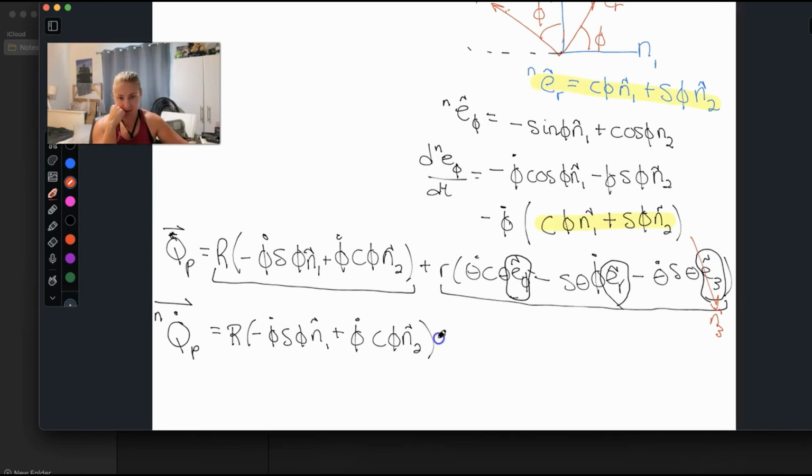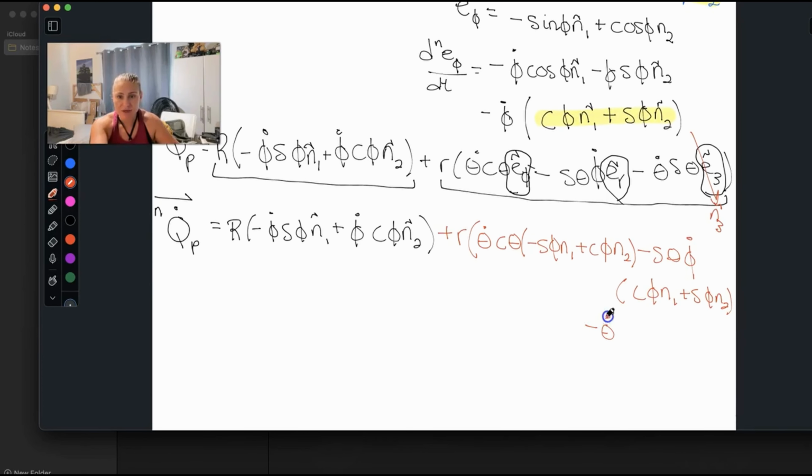This is going to be plus R theta dot cosine theta times E phi, which is negative sine phi N1 plus cosine phi N2, minus sine theta phi dot times ER, which is cosine phi N1 plus sine phi N2, and then that last term, which is going to be negative theta dot sine theta N3.